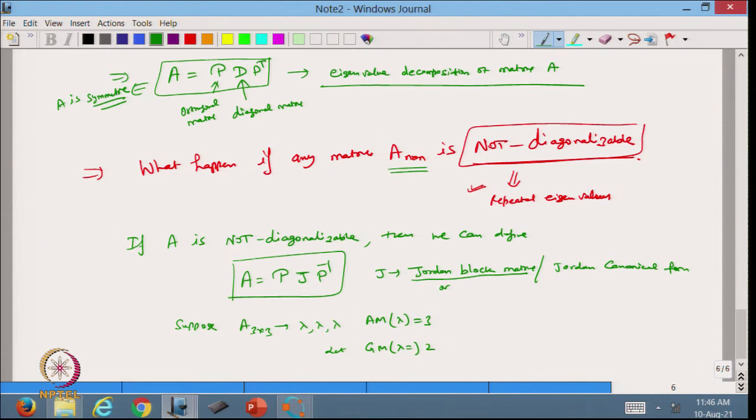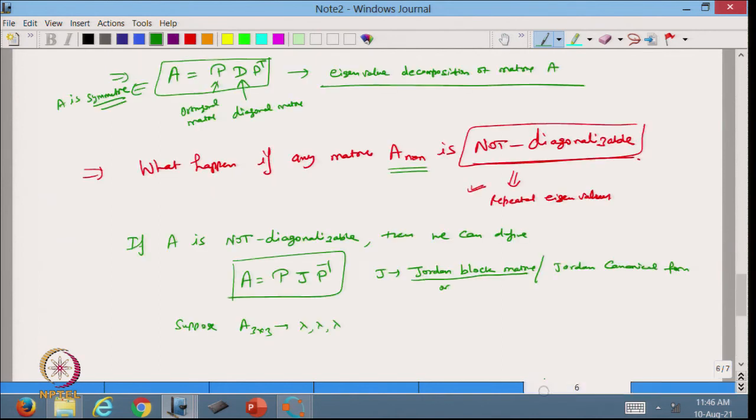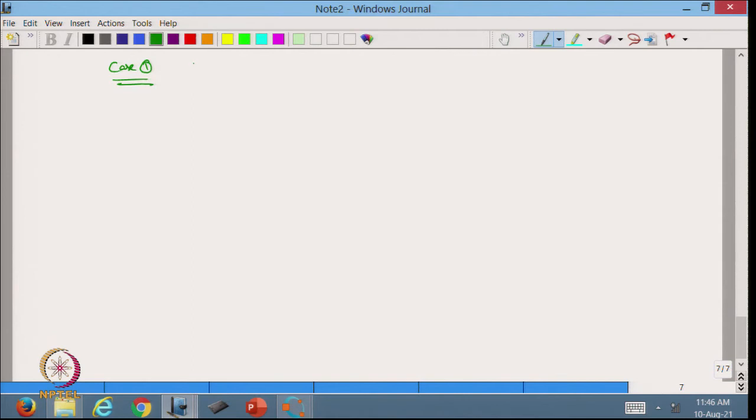Let us take all the cases. Case 1: let the algebraic multiplicity of lambda be 3 and the geometric multiplicity of lambda also be 3.